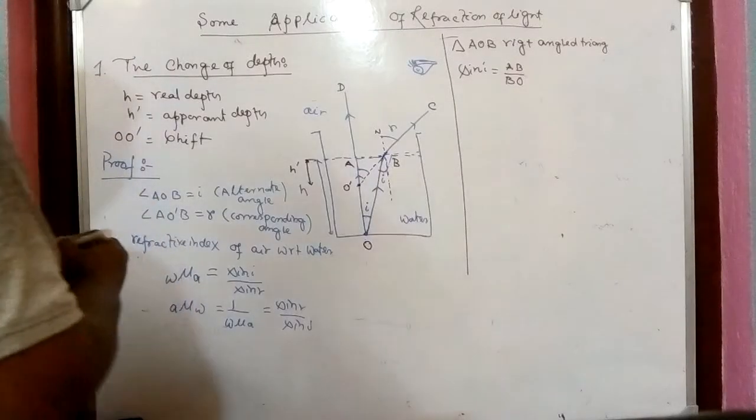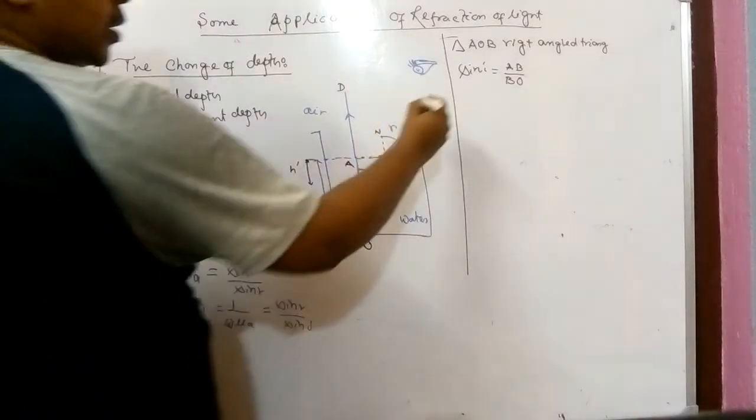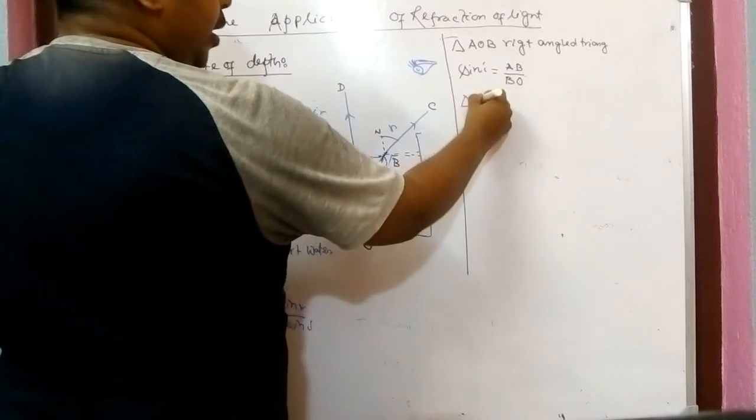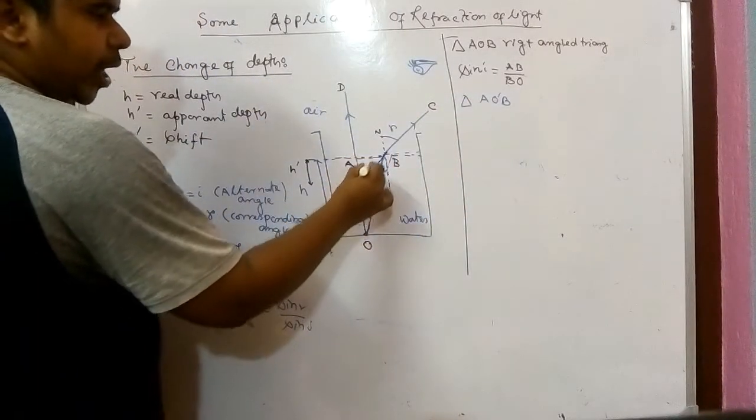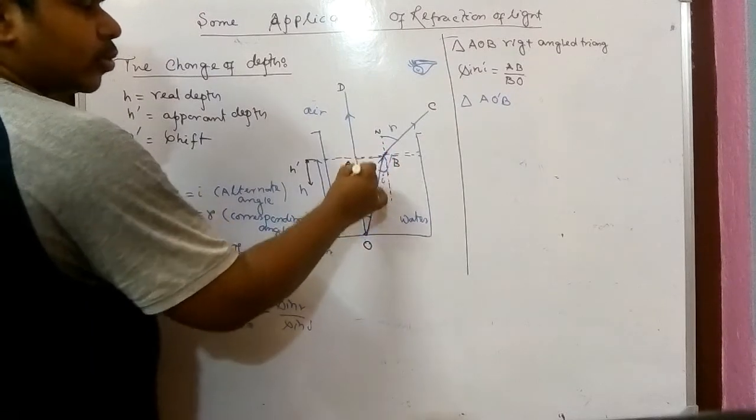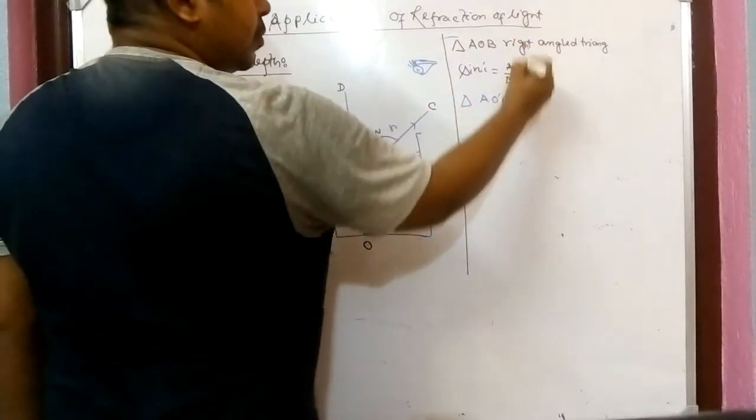And next, if I take another triangle AO'B, see AO'B, that is also a right angle triangle.